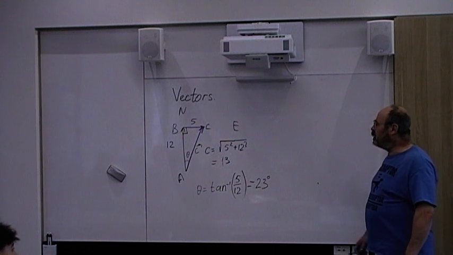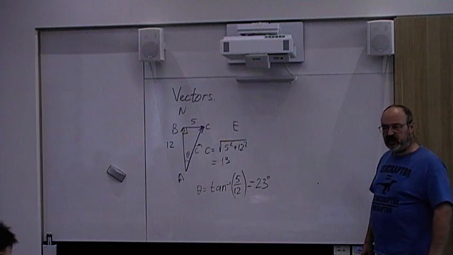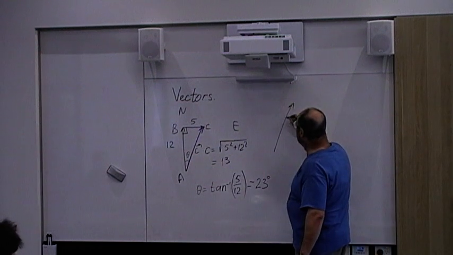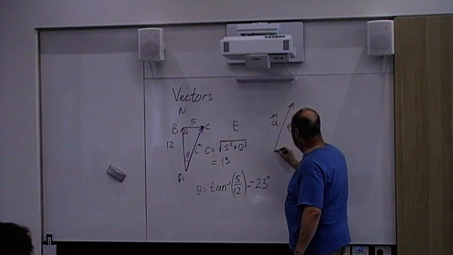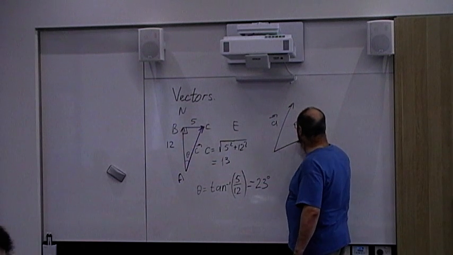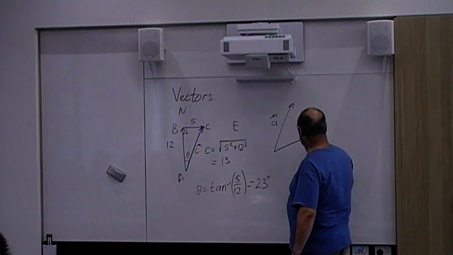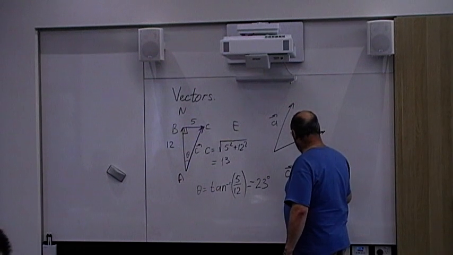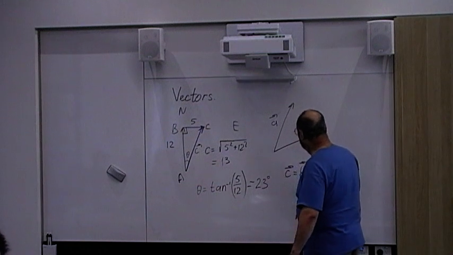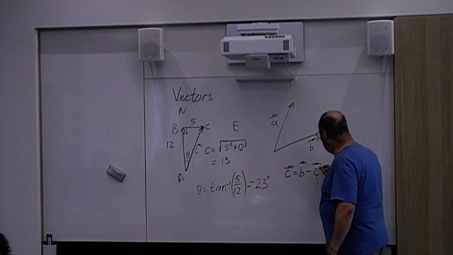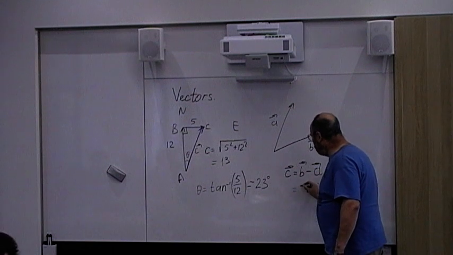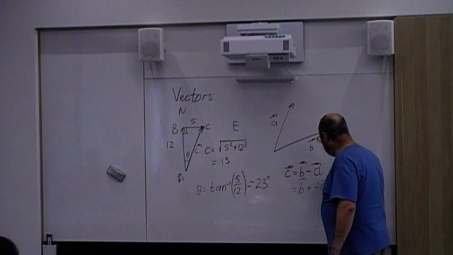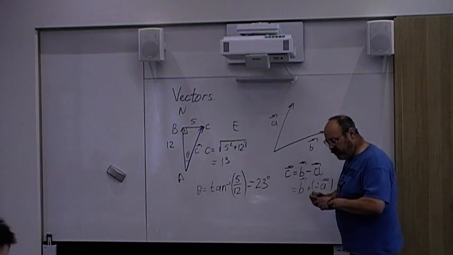Now, that's how we add vectors. How do we subtract vectors? Let's say we have vector A, and we have vector B. And we want to find vector C, which is equal to B minus A, and that is the same as B plus negative A. What is negative A?